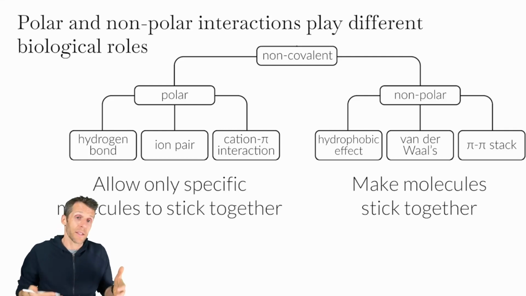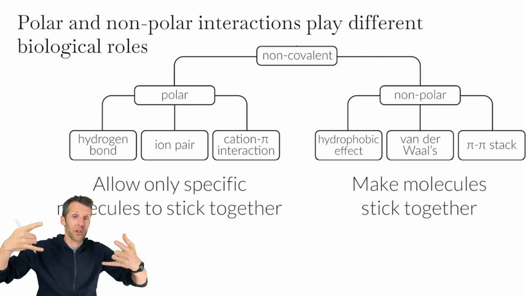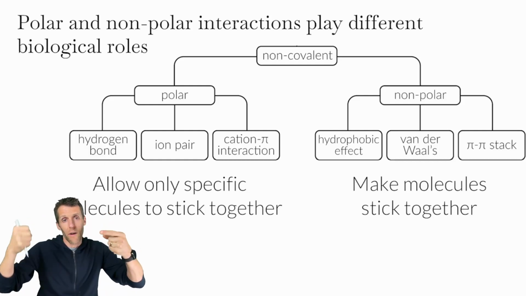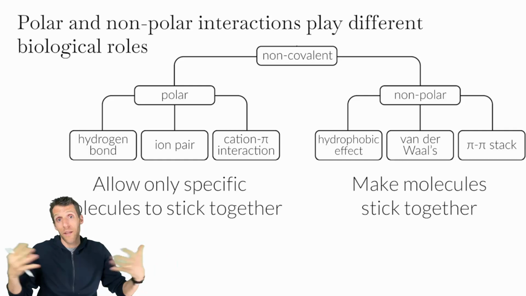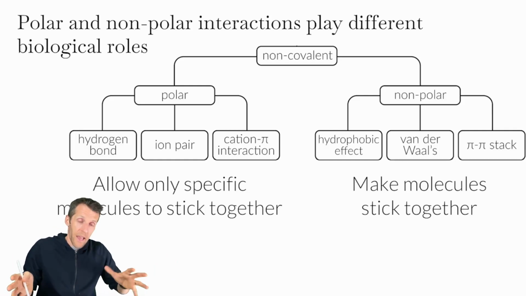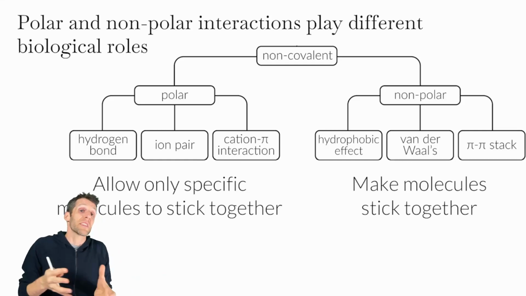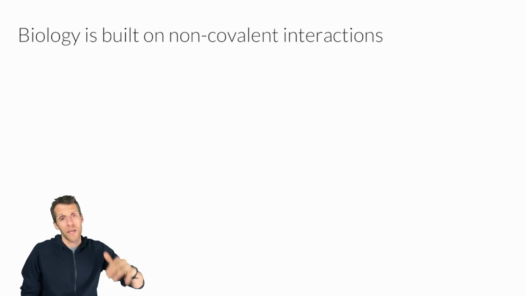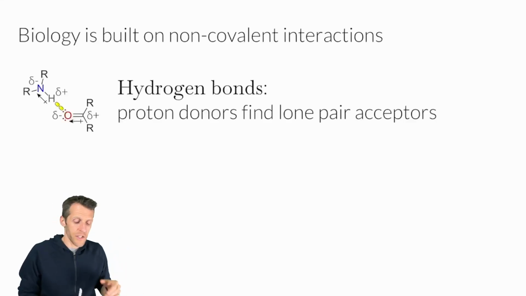Whereas hydrogen bonds and other polar interactions make sure that you've got complementarity. You have to have a positive interacting with a negative, a donor interacting with an acceptor. You can't just have them willy-nilly sticking together. So the hydrophobic effect tends to drive sticking, and polar interactions tend to give specificity to what sticks to each other. Okay, so key points from this. Biology is built on non-covalent interactions.